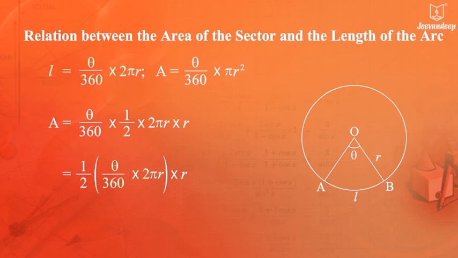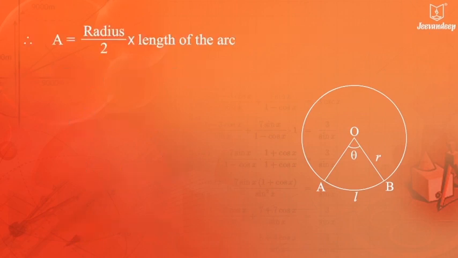This equation can be written as half of L r. Therefore, A equals radius upon 2 multiplied by length of the arc.